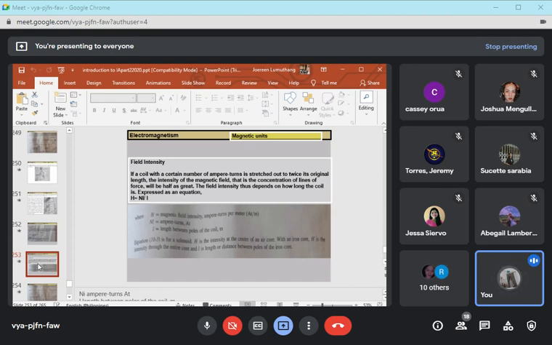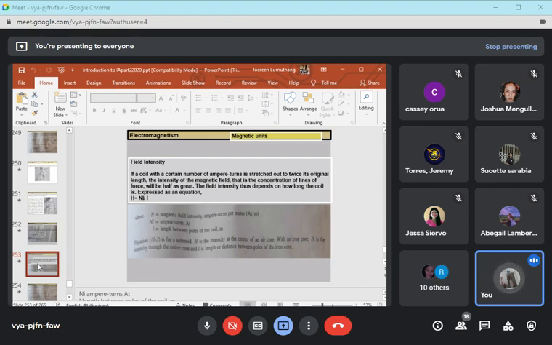Field intensity: if a coil with a certain number of ampere turns is stretched out to twice its original length, the intensity of the magnetic field, that is the concentration of lines of force, will be half as great. The field intensity thus depends on how long the coil is.